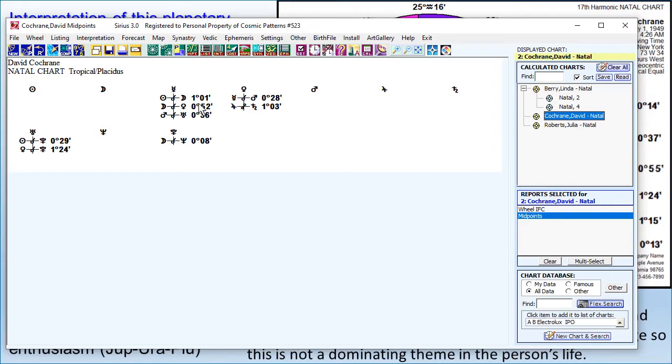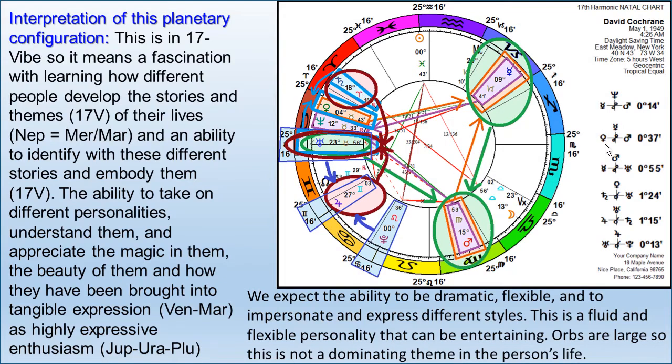We could see what vibration it's in. If there's a vibration, get more information. But why I'm mentioning that now is that in the 17 vibration, one of the things that's important is Mars at Mercury, Uranus, same three planets I have in my natal chart in a midpoint structure. The focal planet here is Mars instead of Mercury. But when you have a midpoint structure with the same three planets, they're very similar.